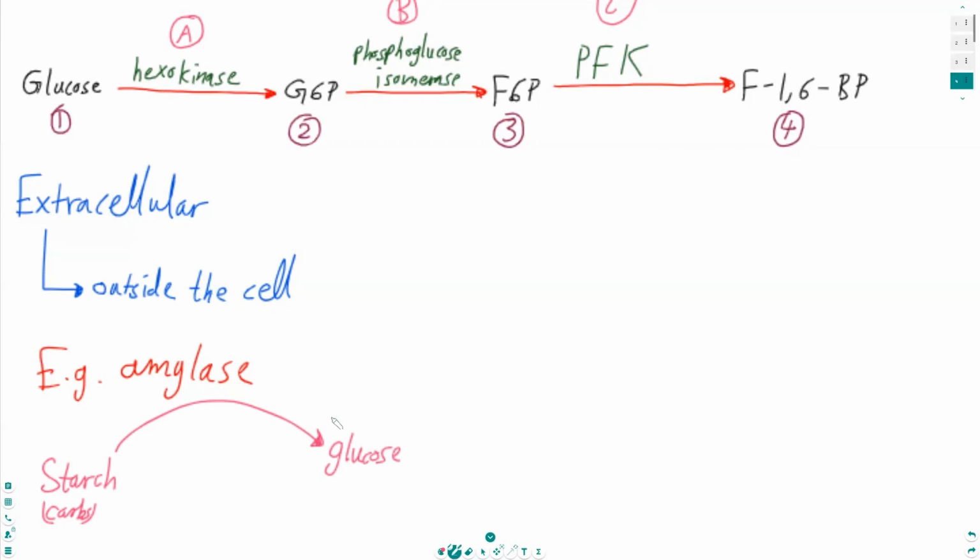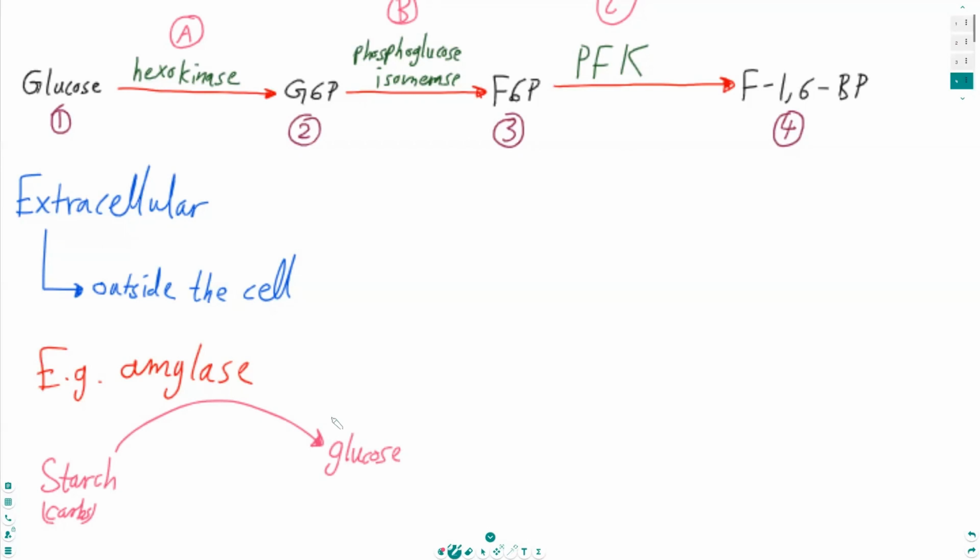It's secreted from our salivary glands in saliva and acts on its substrate outside the cell. So that's amylase, which is one example.